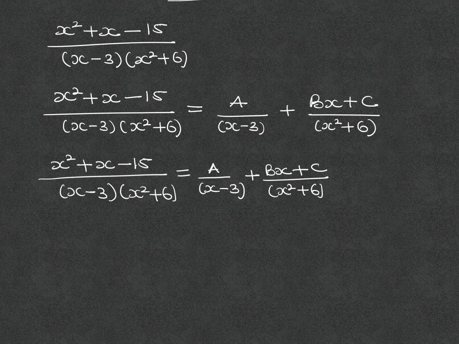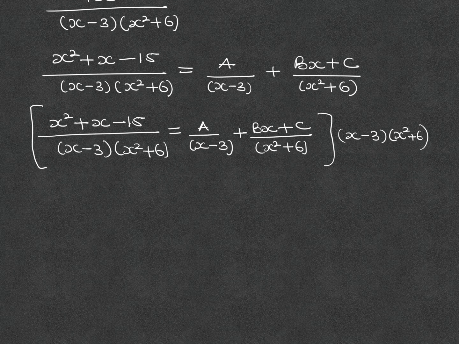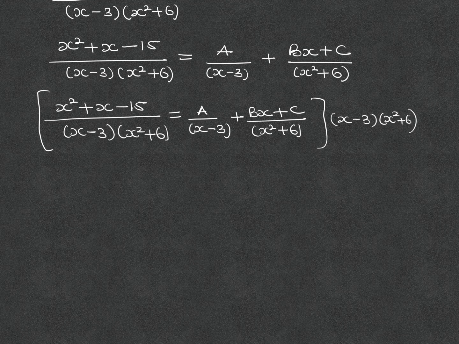Then what we do with this is we multiply everything with the denominator that we have here, which is x minus 3 into x squared plus 6. So if x minus 3 into x squared plus 6 goes into this, that will be 1 times x squared plus x minus 15, which is just x squared plus x minus 15.